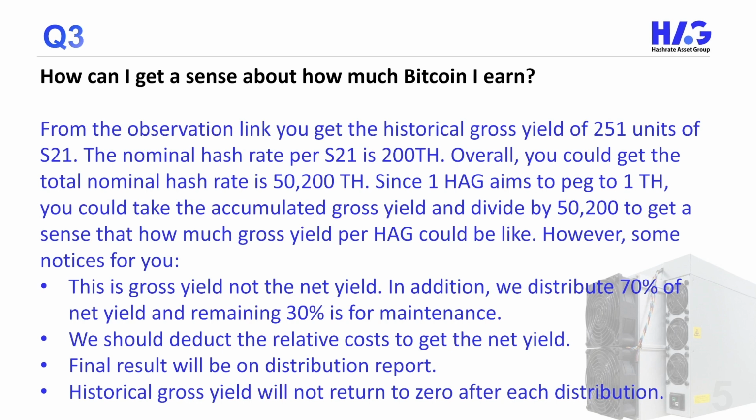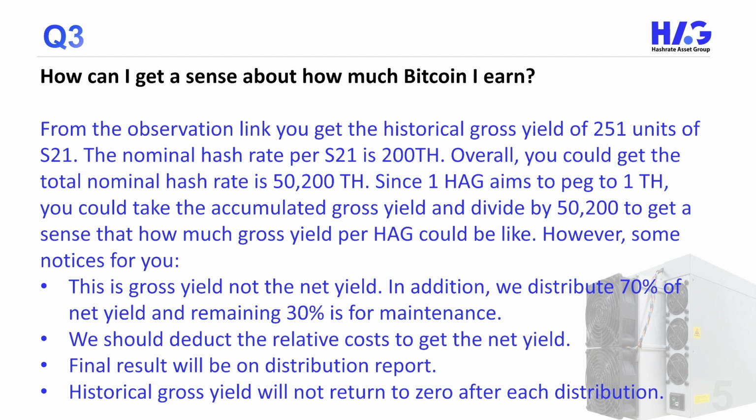So these two important assumptions are things that you should take into consideration. And like I mentioned, those related costs will be reflected on the distribution report. So for the final result, you should base it on the report that we will announce. The calculation is more to give you some sense of how much BTC you maybe could get.